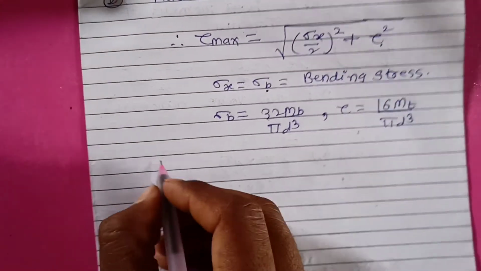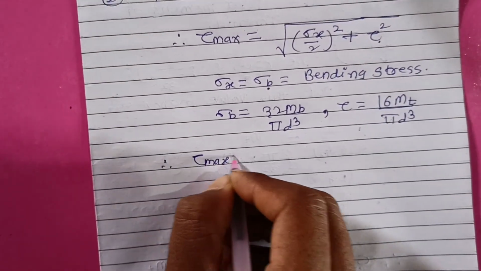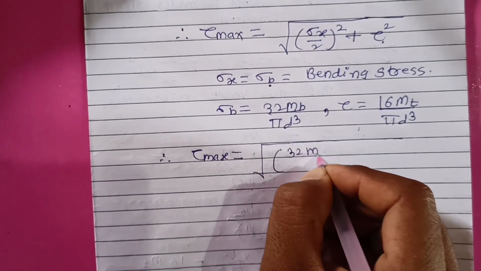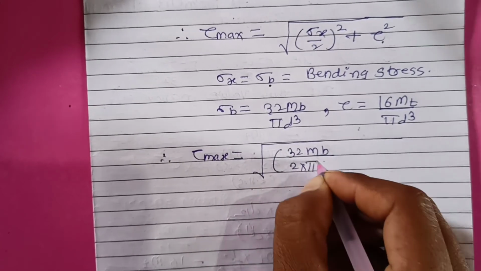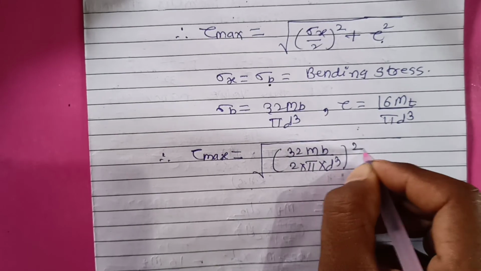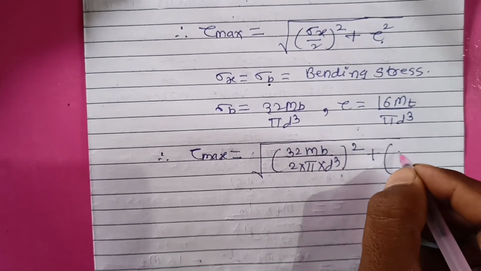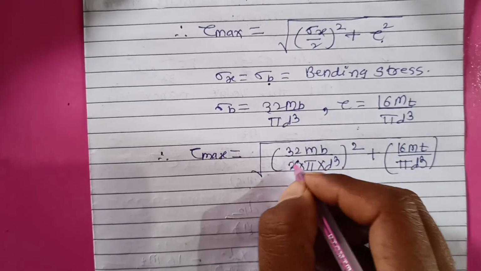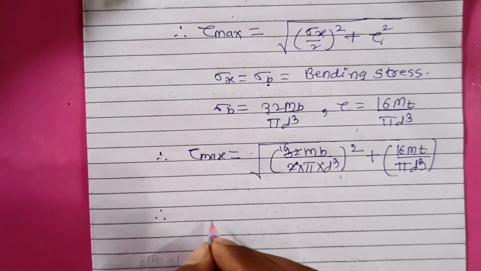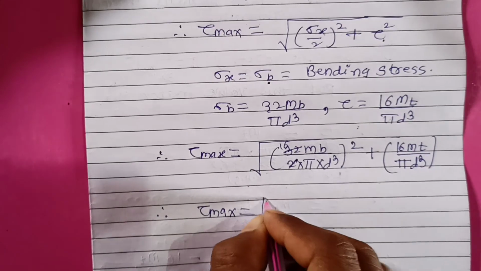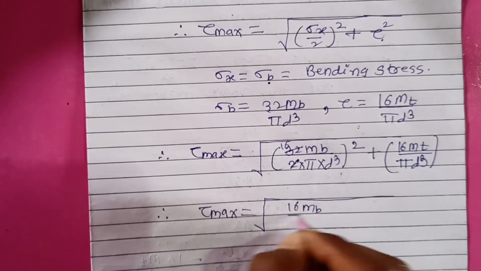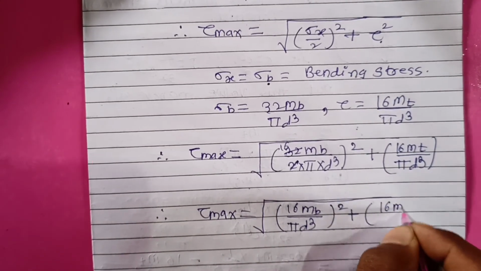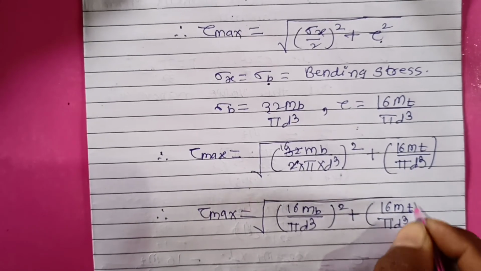The equation is tau max equals under root (32 mb divided by 2 pi d cube) bracket square plus (16 mt divided by pi d cube) bracket square. Now 32 divided by 2 is 16 here, so tau max is equal to under root (16 mb divided by pi d cube) bracket square plus (16 mt divided by pi d cube) bracket square.